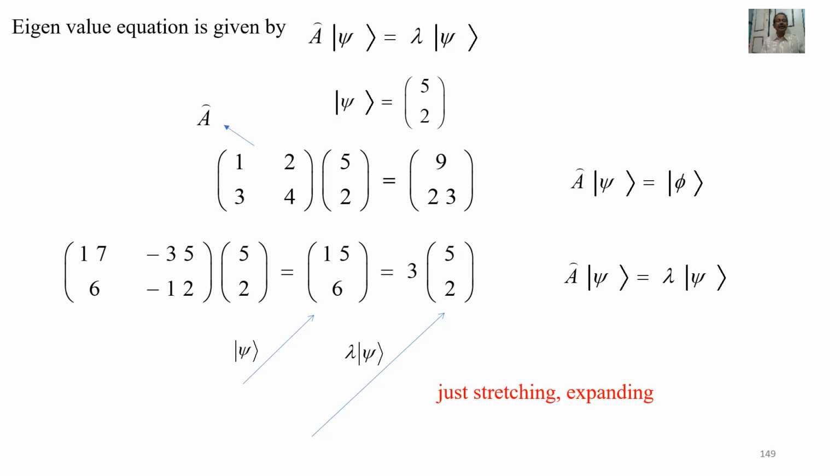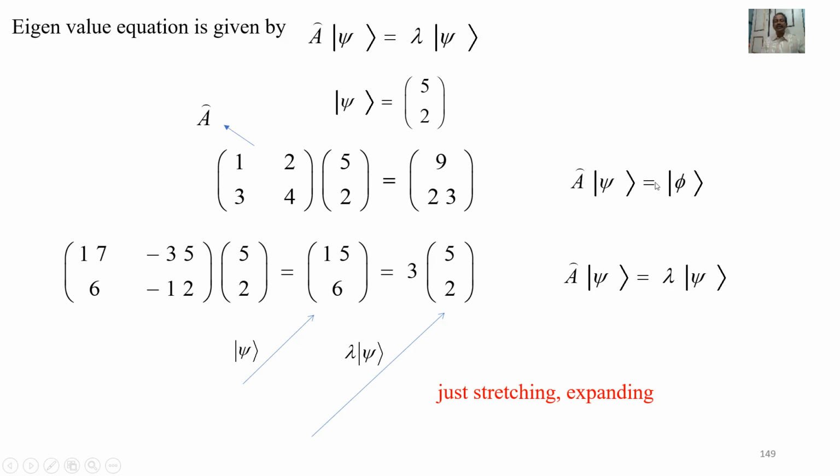And here it is written as 1, 2, 3, 4. This operator operates on the column vector 5, 2, which will give us 9, 2, 3. So this is exactly similar to operator A operating on psi and giving us another column vector. Here, this matrix operates on one column vector and will give us another column vector.